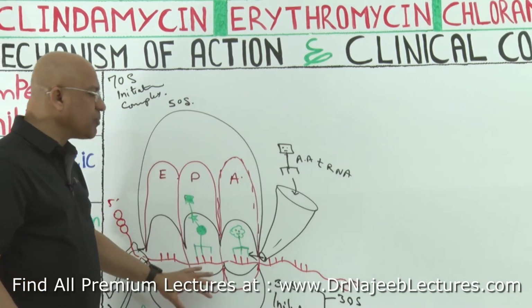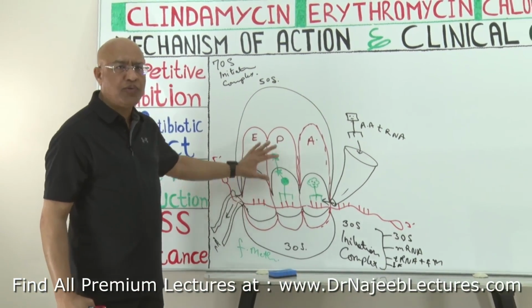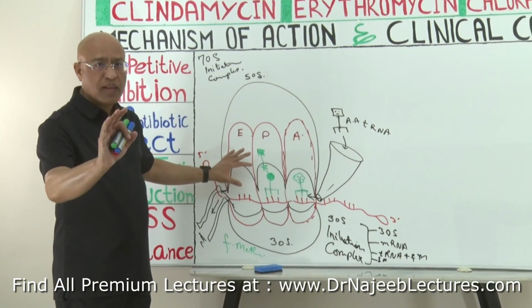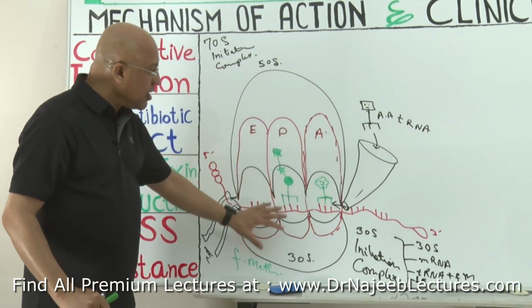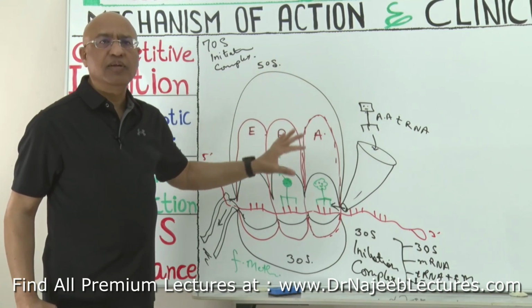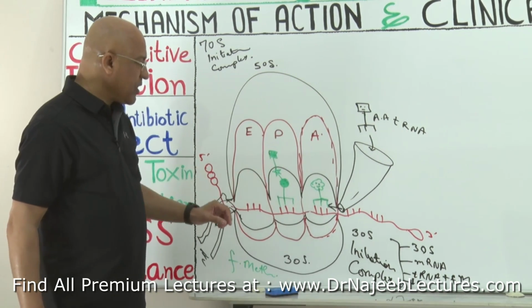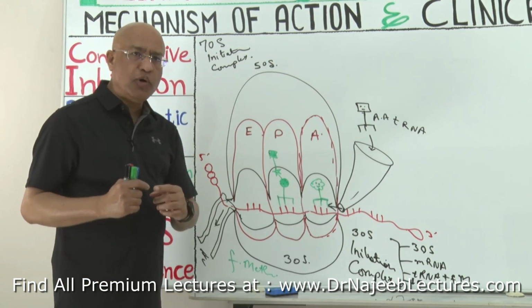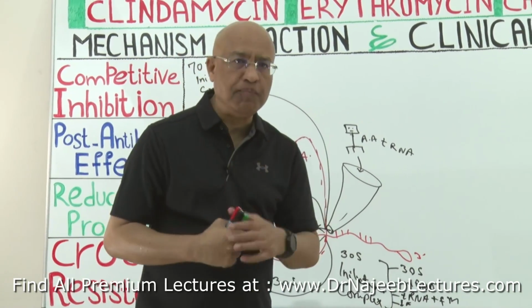Again, let me tell you what is happening. Up to now we have just made an initiation complex, and I explained how it is formed and what the functional units are. During this activity, none of these drugs have made any significant action. After this the ribosomal machinery will move towards the elongation step.